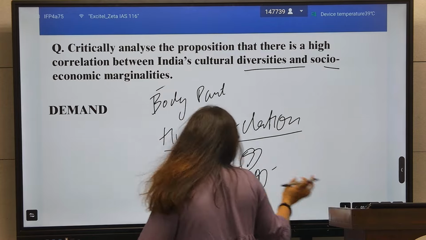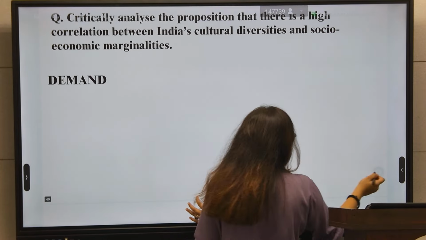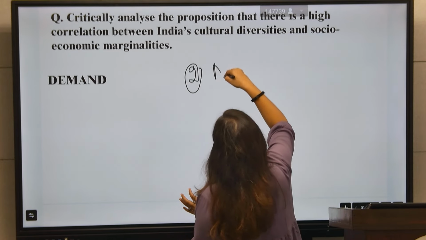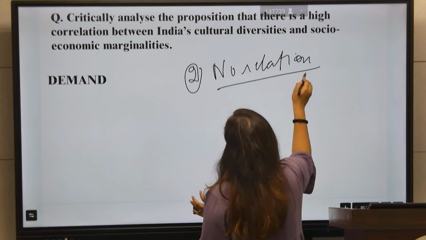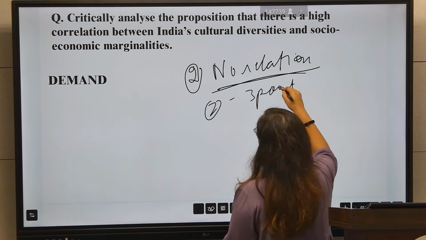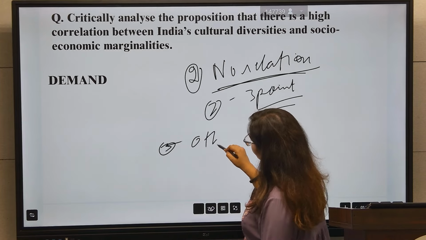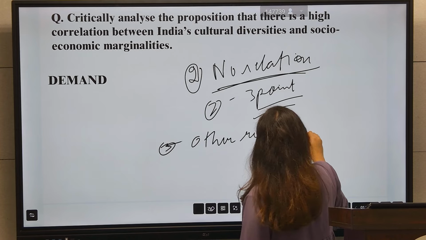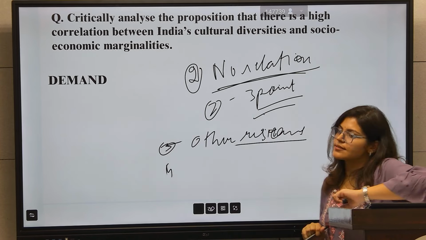And then in the body part, second, you have to write no relation. Here you also give 2-3 points on that. And then other reasons as well. And fourth is to conclude your answer.